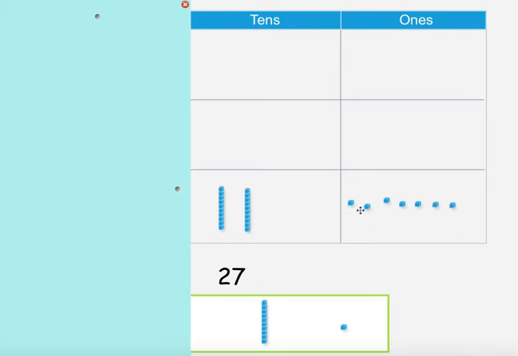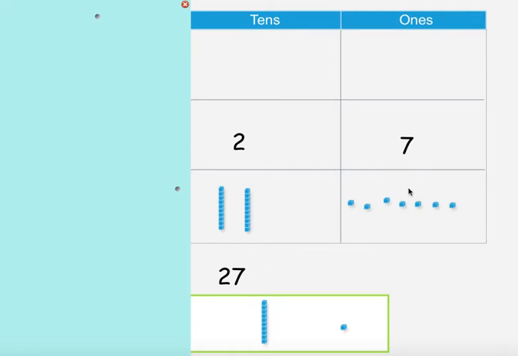So there are 7 ones and there are 2 tens. 1, 2. So 7 ones and 2 tens. Let's work on the value of each of the numbers.